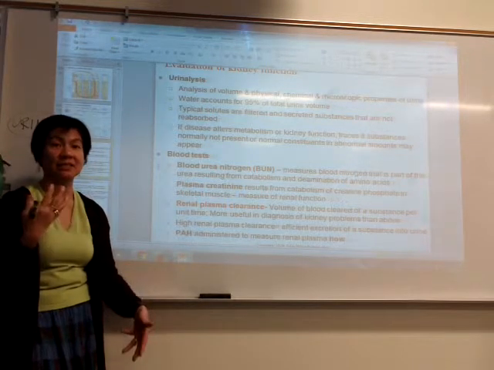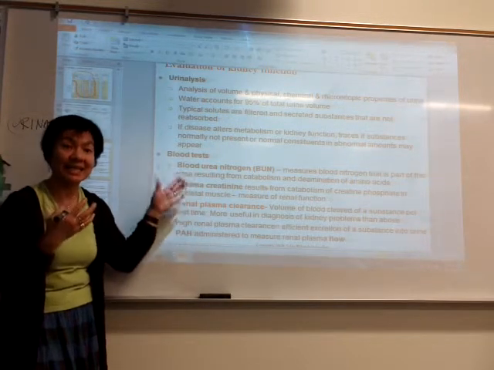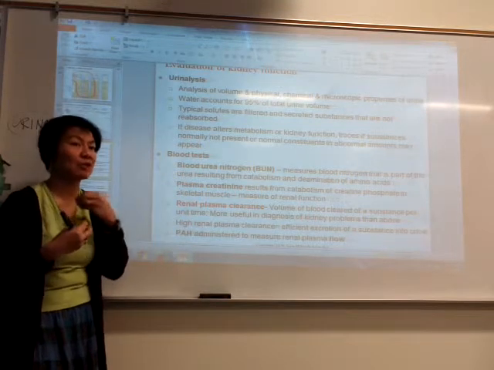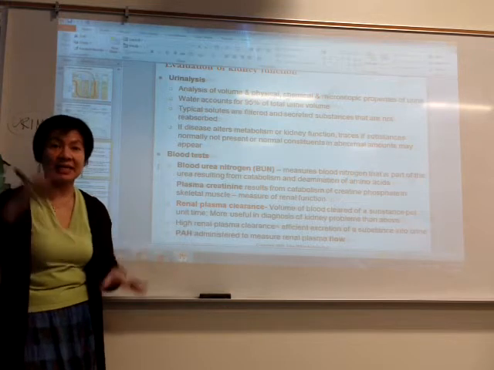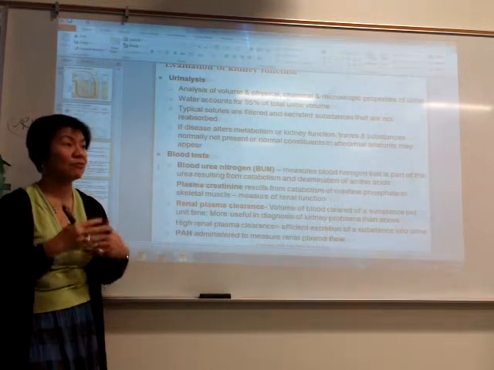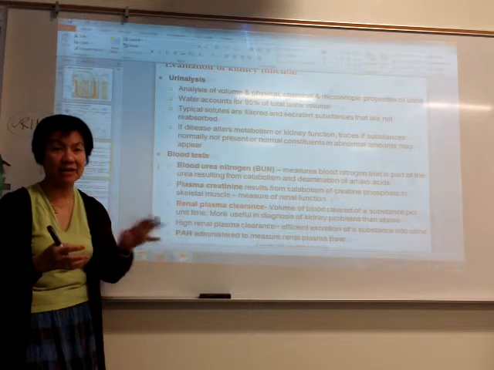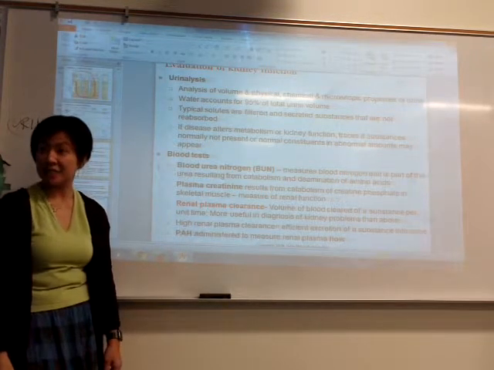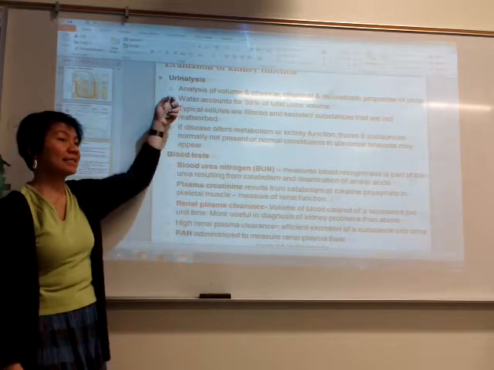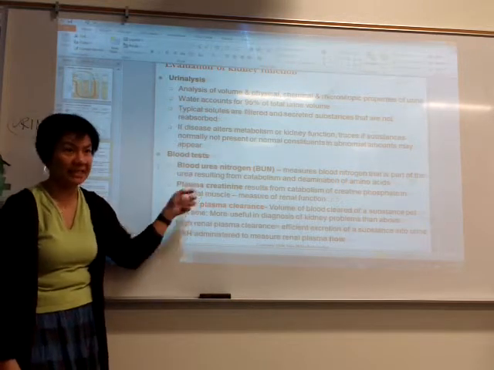If there's a discrepancy, that's the creatinine clearance. You should have been able to clear that. If there's a discrepancy, then you know that your kidney was not able to normally clear it out. Do you understand that you can assess kidney function through urinalysis and blood test?